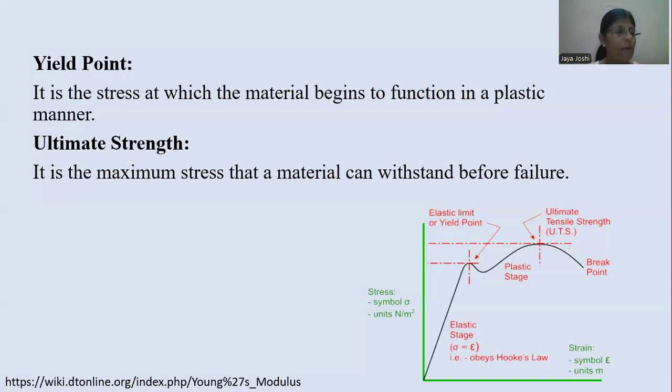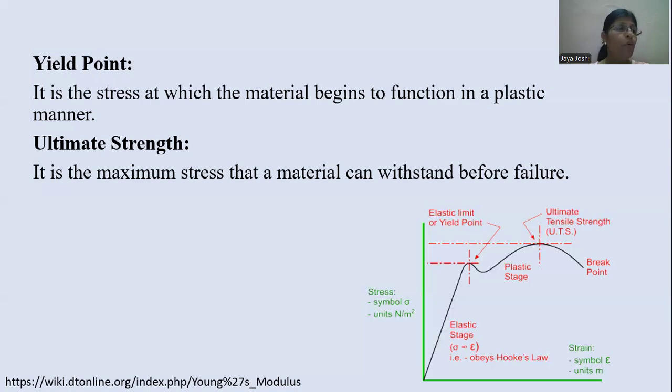Now, what is ultimate strength? Ultimate strength is the maximum stress that a material can withstand before failure. From the yield point, the permanent deformation starts. Depending upon the resistance of the material, it will go on deforming, and one point comes which is called the break point, where the material will fracture.